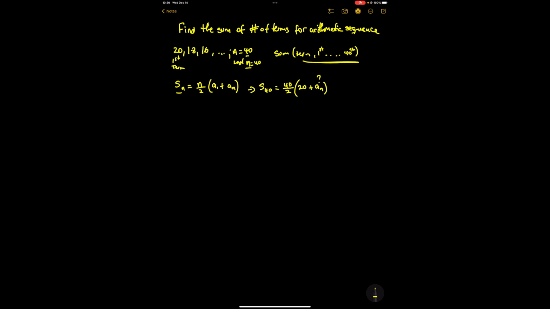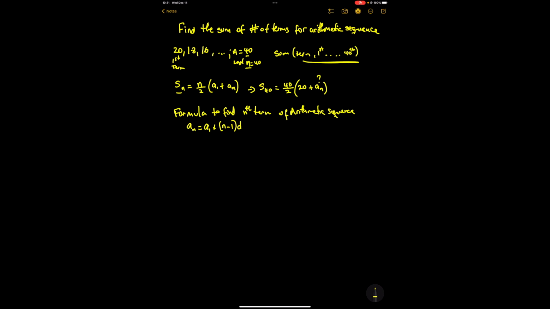What is the formula to find the nth term of an arithmetic sequence? It is AN equals A1 plus n minus 1 times the difference.